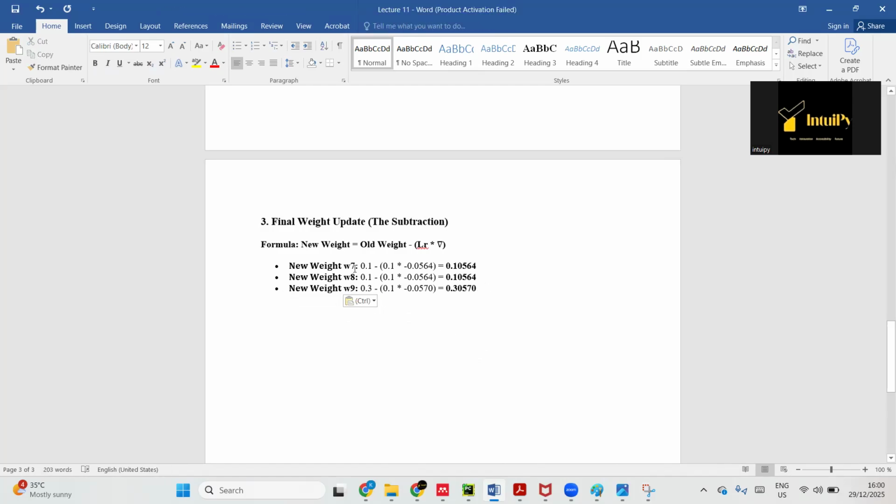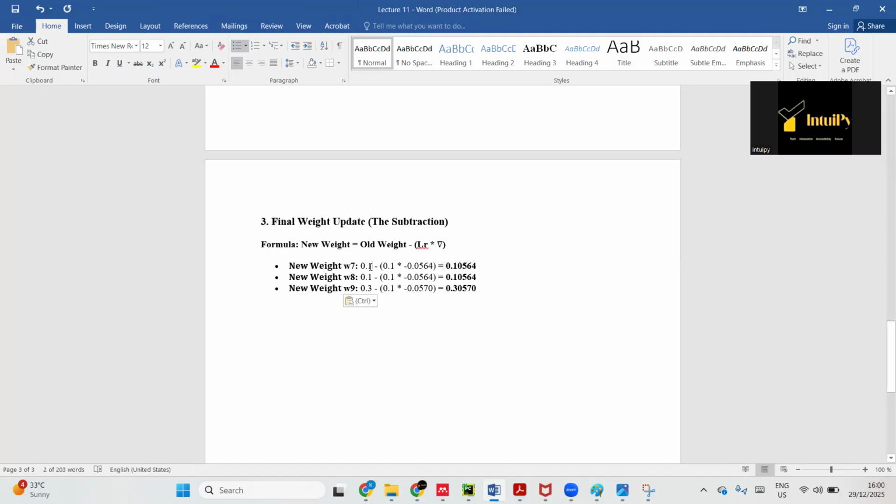You can see the new weight for W7 is the old weight minus our learning rate times the update on W7. And then you can see minus goes with minus, so it becomes 0.1 plus whatever you have here.